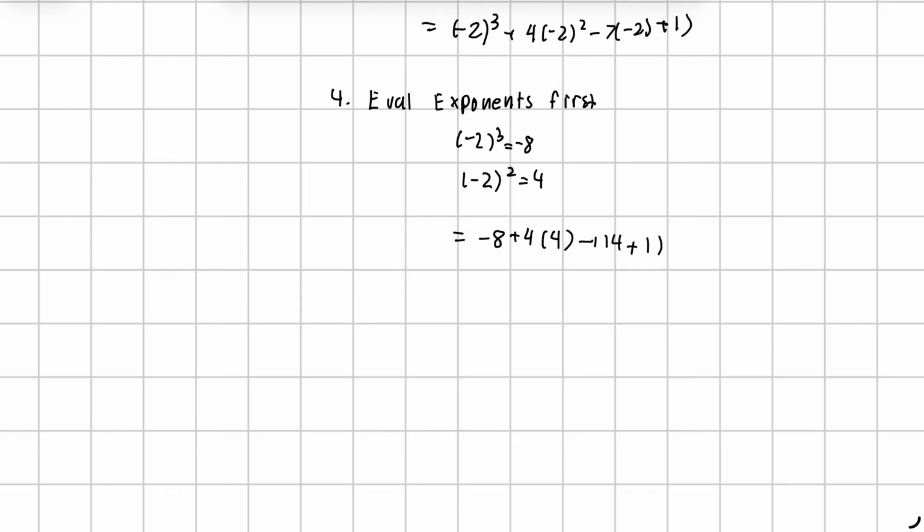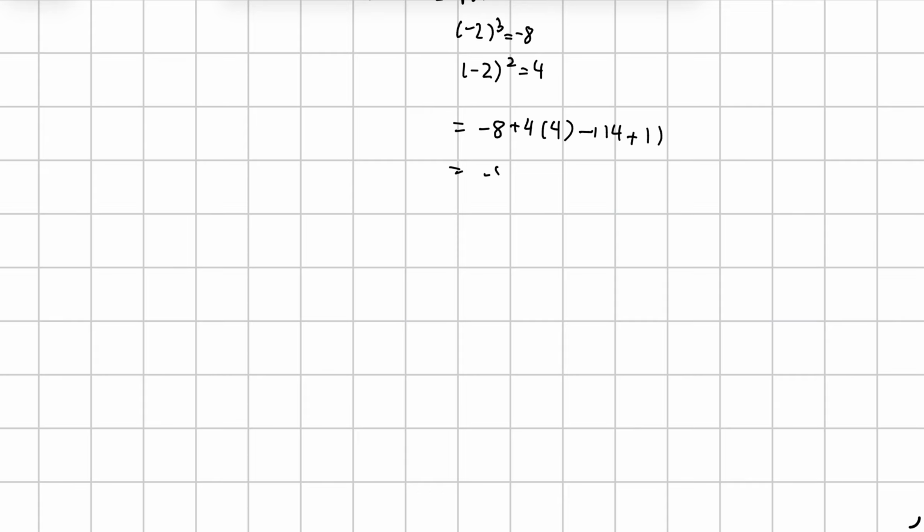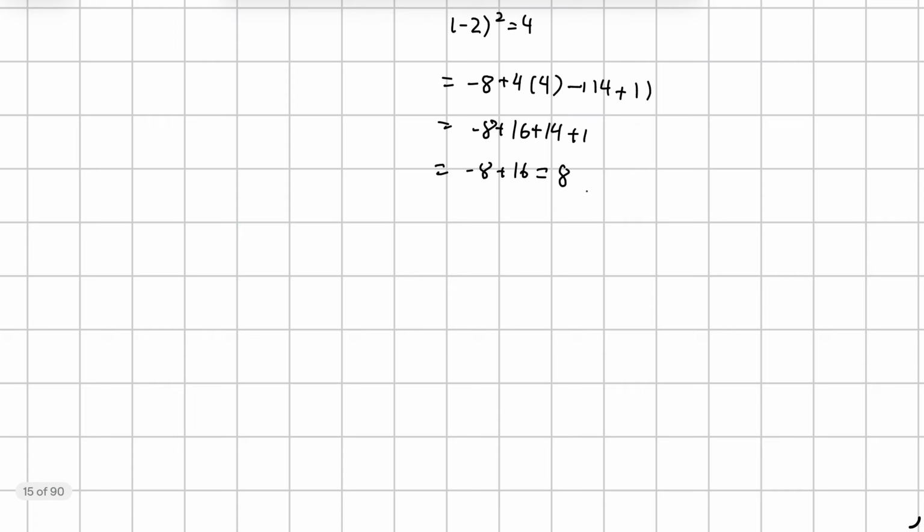Then you also want to multiply. So then we get negative 8 plus 16 plus 14 plus 1. Negative 8 plus 16 is equal to 8, and 8 plus 14 is 22. So that's plus the 1 we had: 22 plus 1 is equal to 23.